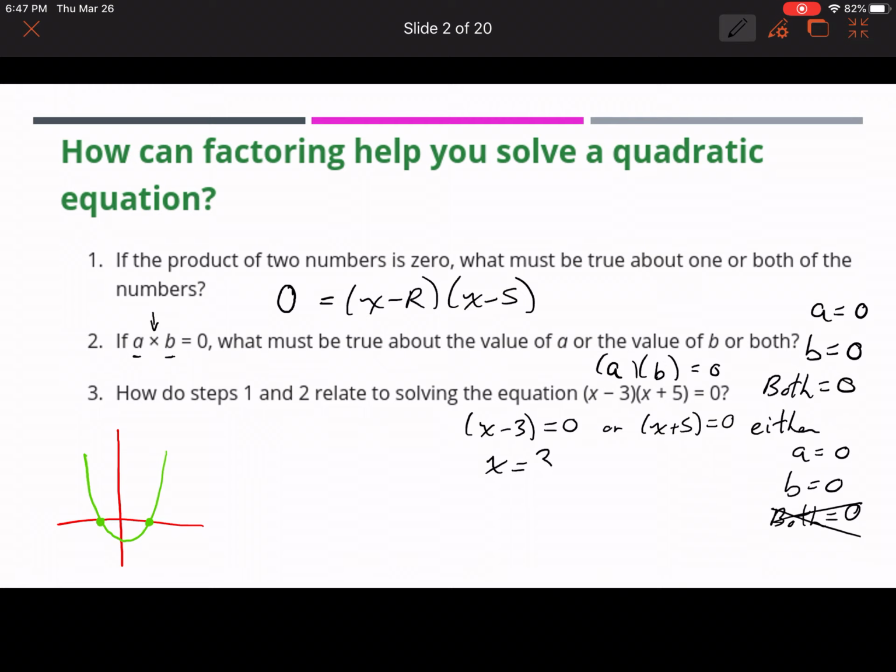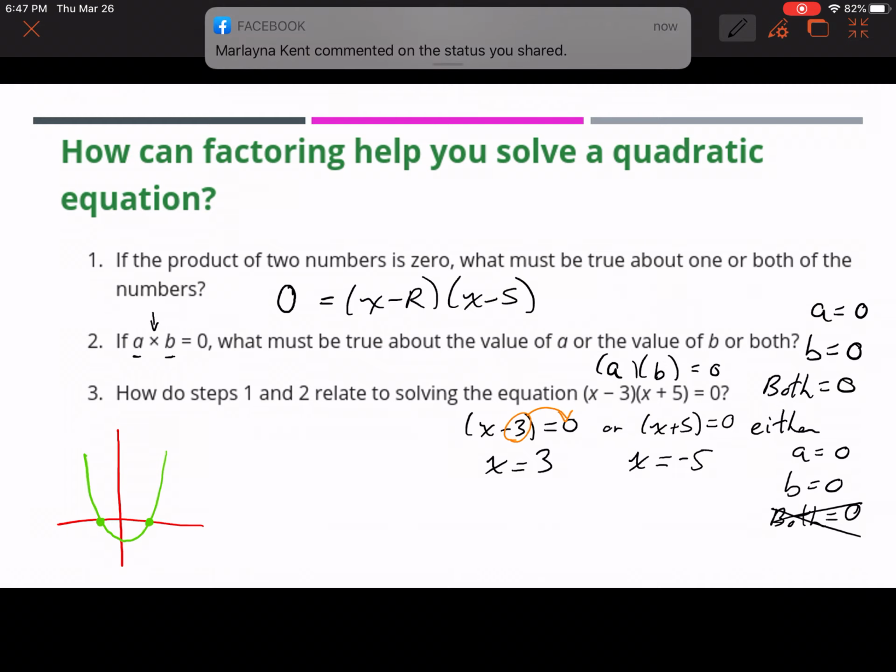So x is either going to equal 3, because if we move 3 to the other side, we change its sign, and it becomes from -3 to +3. Or we do the same with the other side, and x can equal -5. So that's going back to our x minus r, x minus s, where r and s are the x-intercepts.